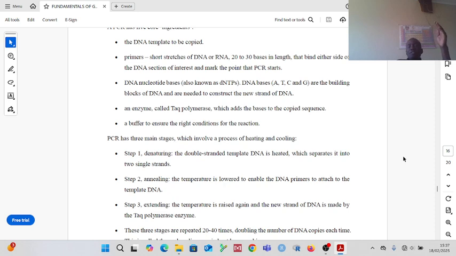In annealing, you lower the temperature slightly so that the primers, which are part of the ingredients of our PCR, can attach or anneal to the DNA template. Once the primers have attached, we move to the third stage, the extension stage. Under the extension stage, the Taq polymerase is doing the extension.